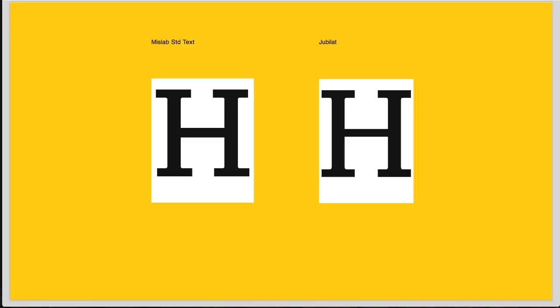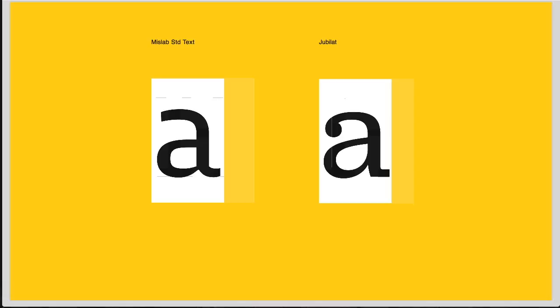Moving forward with the lowercase a, we can see a very dramatic shift in how the lowercase letters were treated in these two different typefaces. In Mislab, we have a generally open aperture. There are no terminals whatsoever. There is a generally flat bowl. There's a calligraphic treatment, almost of a black letter textura style.